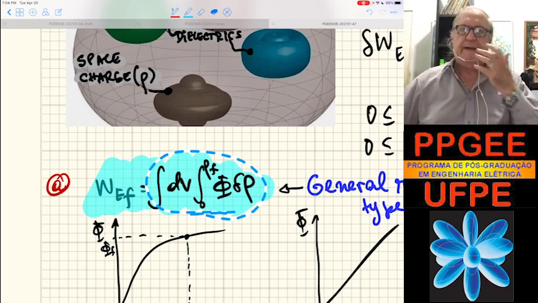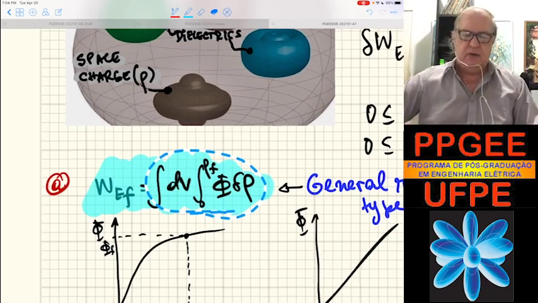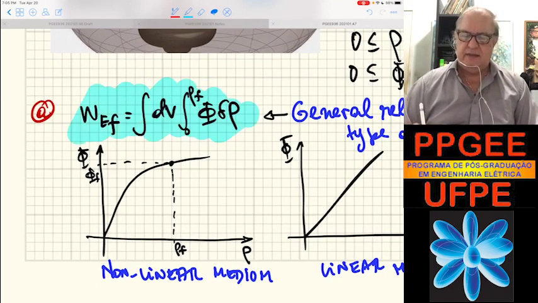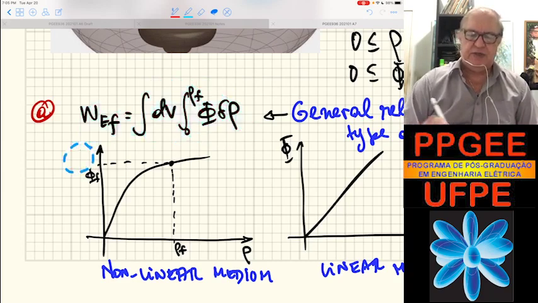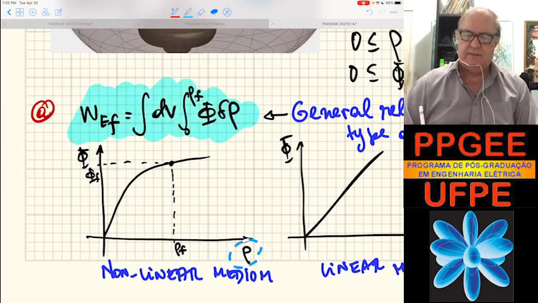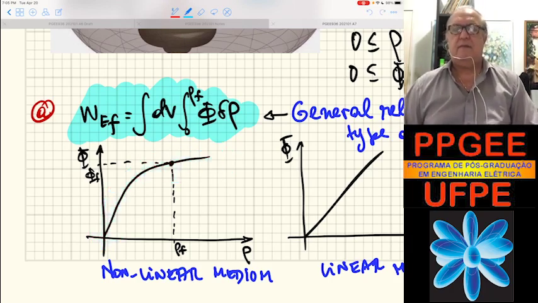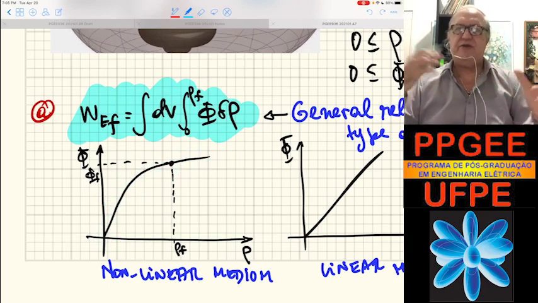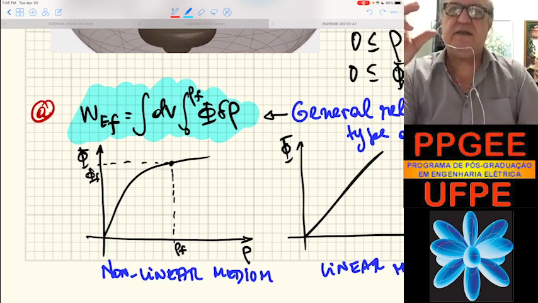So, in a nonlinear medium, for instance, we can look at the plot of how potential changes with rho, right? Then you might have this nonlinear function here. That would happen if you have a dielectric nearby the free charges that makes the induced polarization charges respond nonlinearly to the applied field.